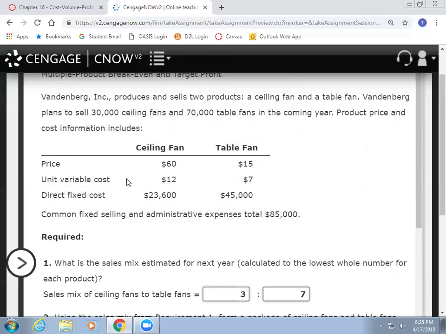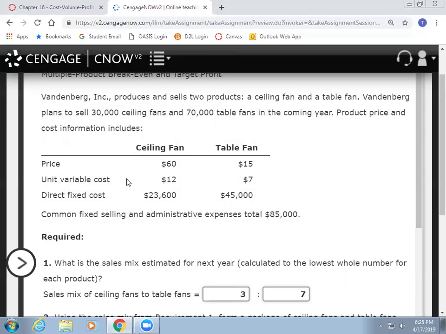What we need is a combined contribution margin because they share some fixed expenses. To do break even, we take total fixed expenses divided by contribution margin. To figure out a shared contribution margin, we use that sales mix, so we take them by their sales mix.